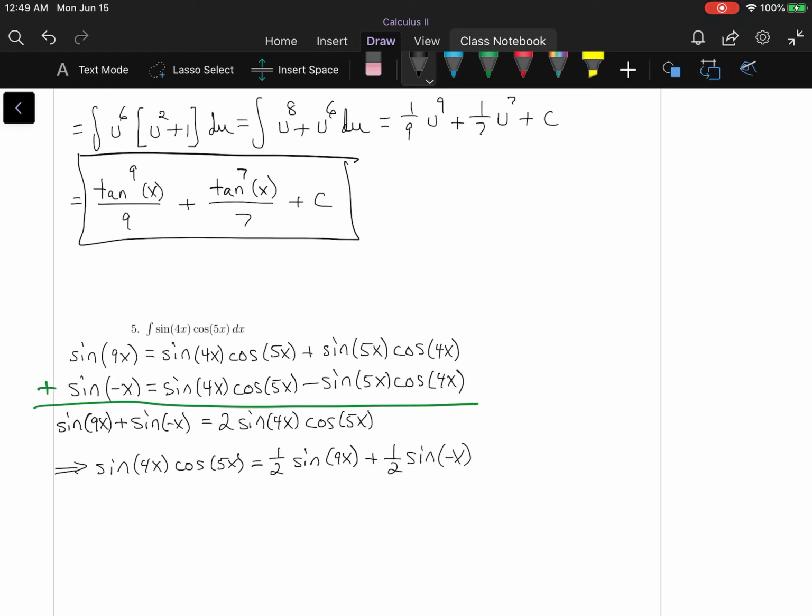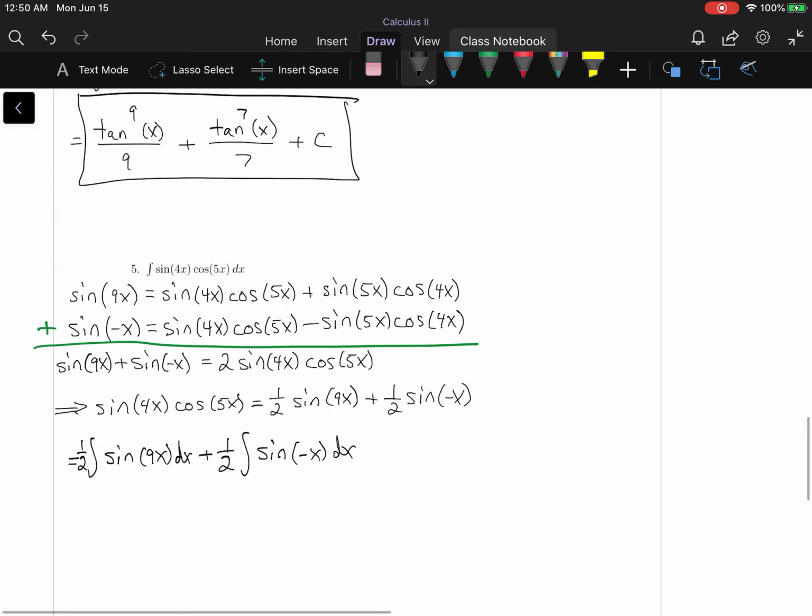So that's the substitution that I'm going to make here, which means our integral is now, I'm going to pull the half out, 1/2 the integral of sine 9x dx plus 1/2 the integral of sine of negative x dx.